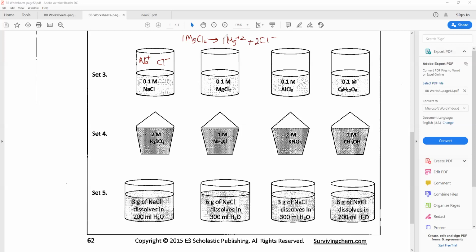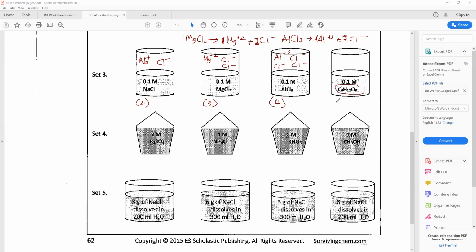Therefore, how many ions is it forming? 1 plus 2, 3 ions, Mg plus 2 and 2 Cl minus. So this is 2 ions, this is 3 ions. How about over here? This is AlCl3, breaks down to Al plus 3, and how many chlorides? 3 Cl minus. 1 and 3 is 4 ions, so we're going to have 4 ions over here.